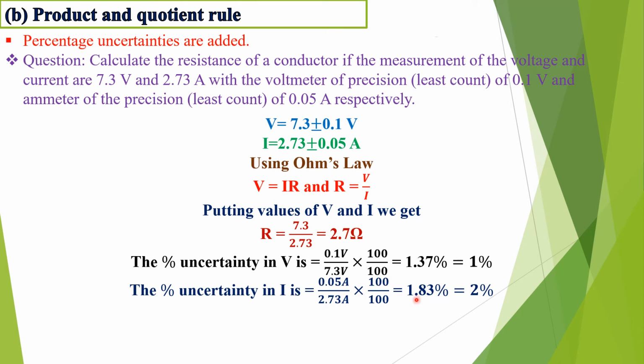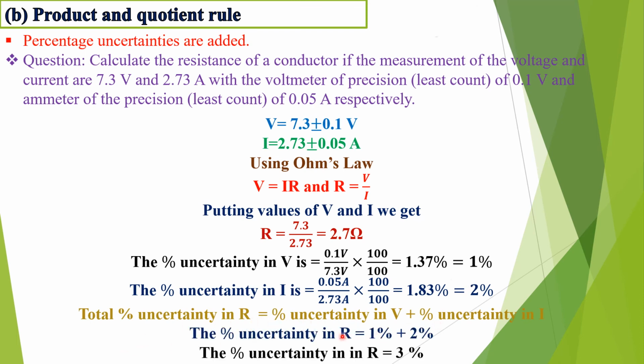Here 0.05 is the least count of the ammeter and 2.73 is the measured value of current, and by multiplying it with 100%, we get the percentage uncertainty in I is equal to 1.83%, and by rounding off this number, we get the total percentage uncertainty in I is equal to 2%. And when we add these two percentage uncertainties, we get the percentage uncertainty in R, that is equal to 1% plus 2%, and the total percentage uncertainty in R is equal to 3%.